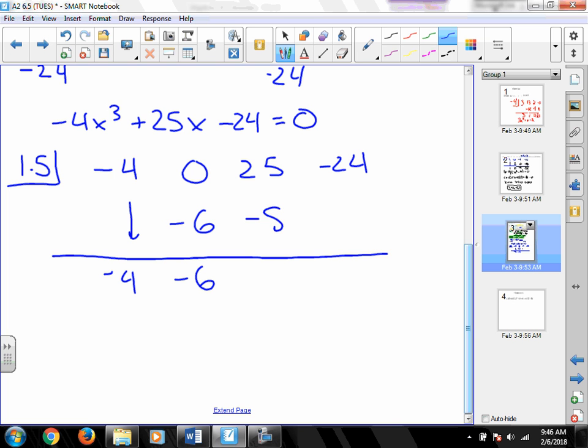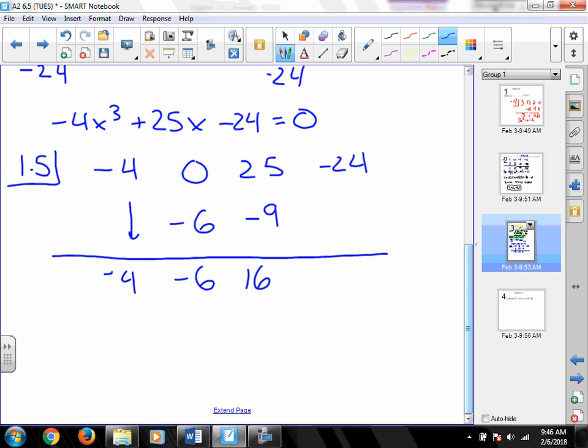Negative 6 times 1.5 should give me negative 9. When I multiply that, 25 and negative 9 gives 16.